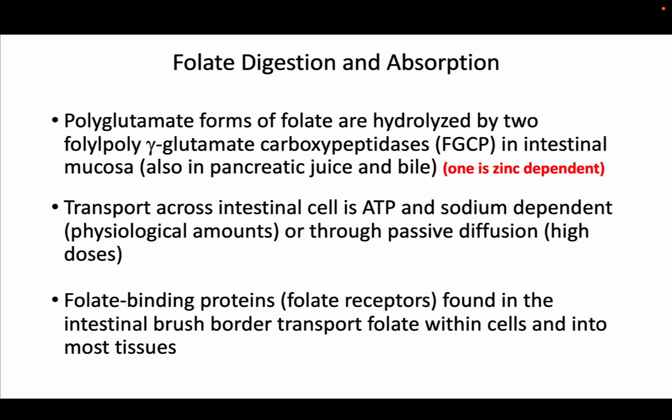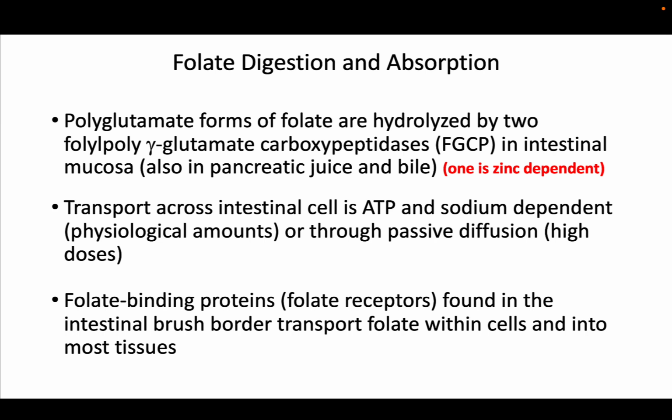The polyglutamate form of folate first has to be hydrolyzed by pteroylpolyglutamate carboxypeptidases. That's a really long set of words, so FGCP is often used to abbreviate those specific digestive enzymes or proteins. So these are within the intestinal mucosa, and they're also released in pancreatic juices and bile into the intestinal lumen. So the FGCP enzyme is the one that's zinc dependent.